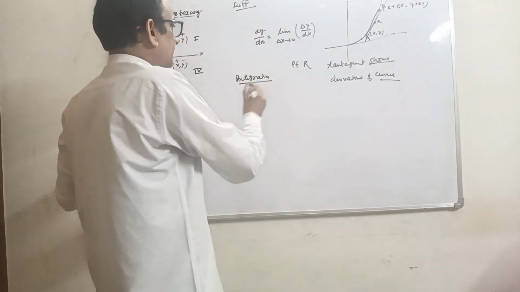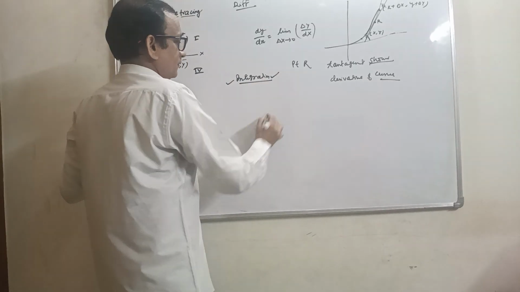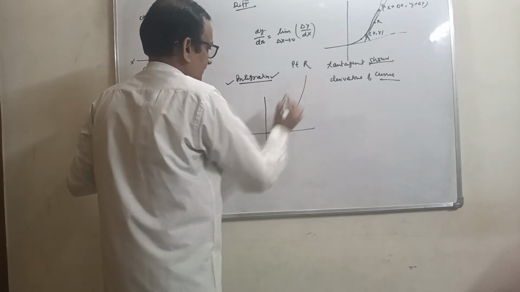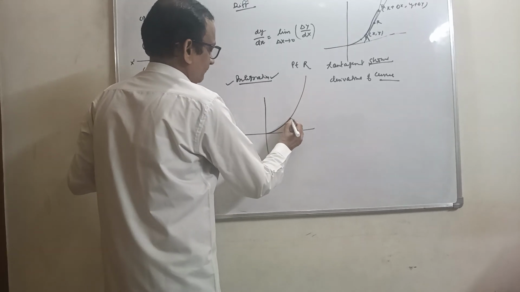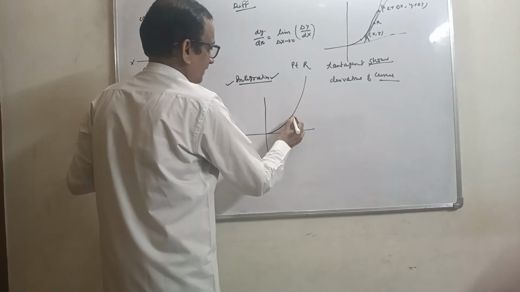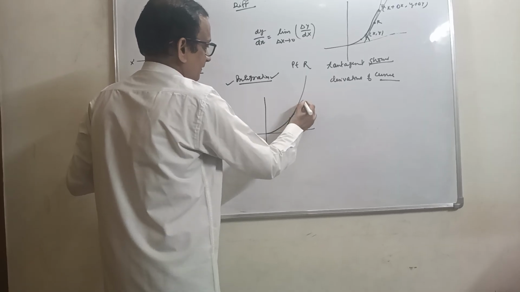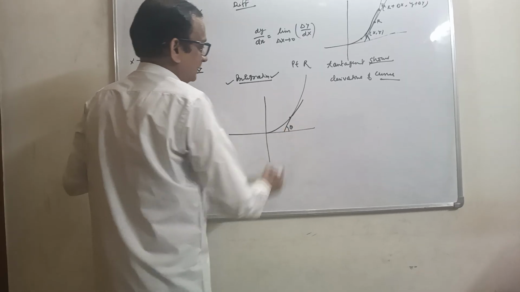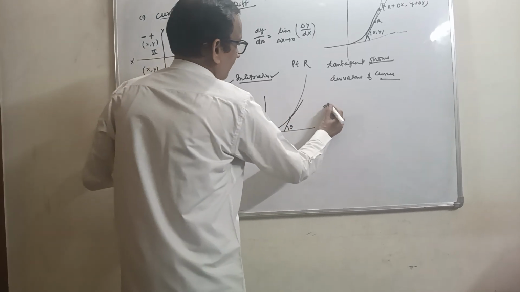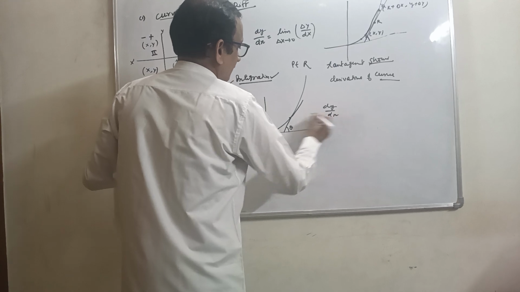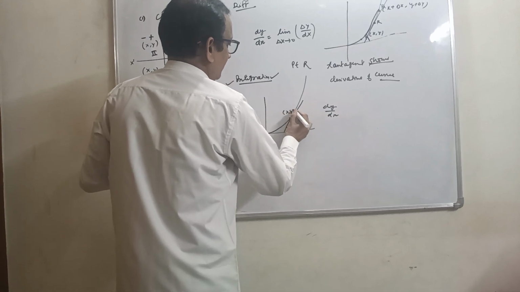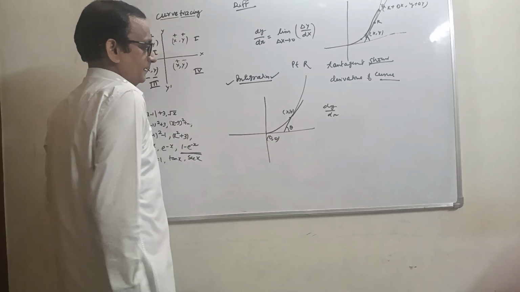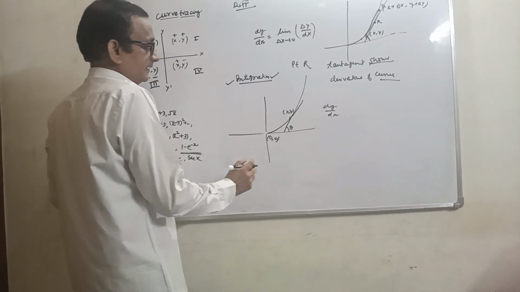Suppose we have this graph, and at that particular point we have the tangent here. So we know the slope at that particular point, this is the angle theta. When we know dy over dx, suppose this is the x and y point, and this is 0 and 0, the coordinate at the origin.